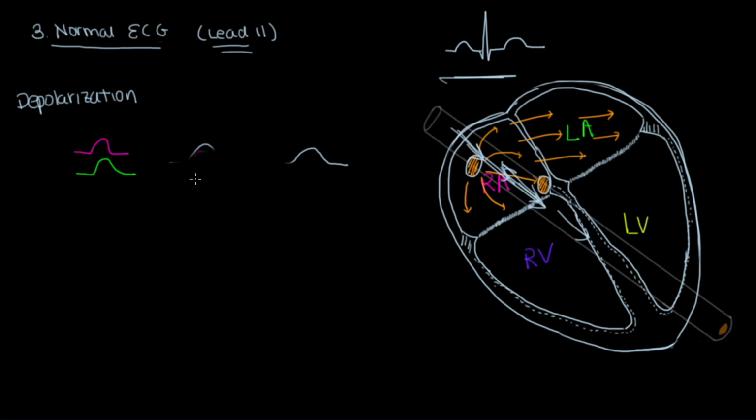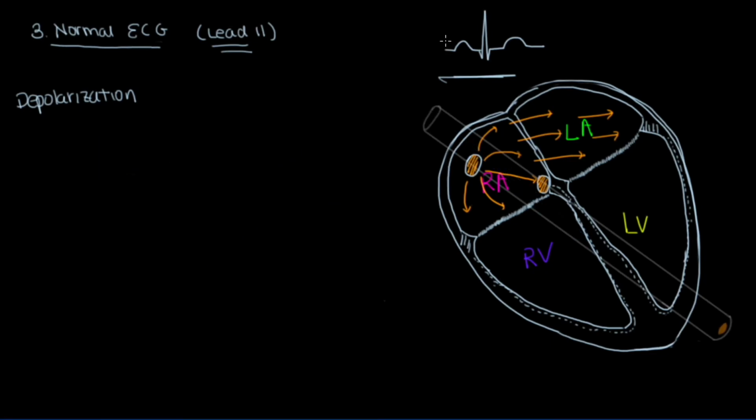Okay, so enough about that. So just again, what we went over is this P wave and why that P wave looks the way it does. And now we have to look at this straight segment over here. And what's happening there is, again, let's say the right atrium and the left atrium have finished depolarizing, and now the charge is left right over here.